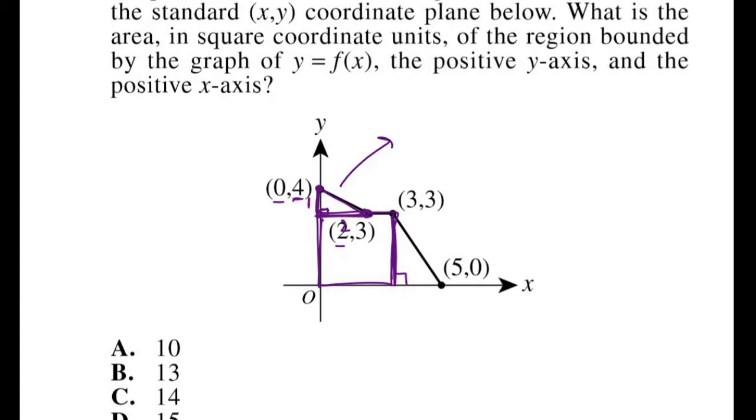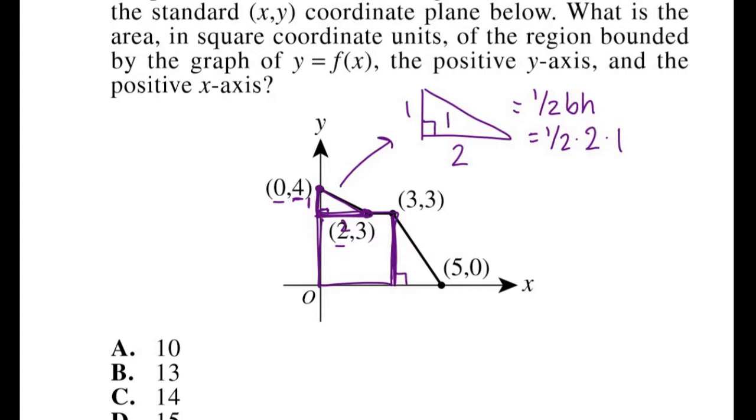So this small triangle has a height of 1, a base of 2. The equation for area of a triangle is 1/2 times base times height. So that's equal to 1/2 times 2 times 1, which is equal to 1. So we know the area for that triangle is 1.